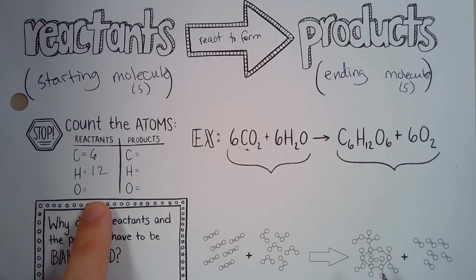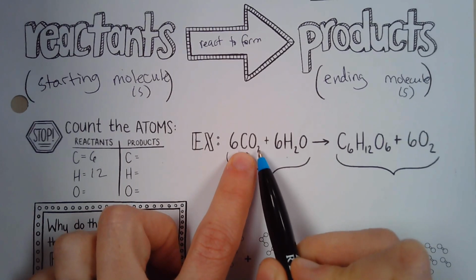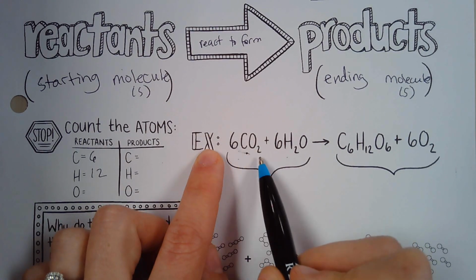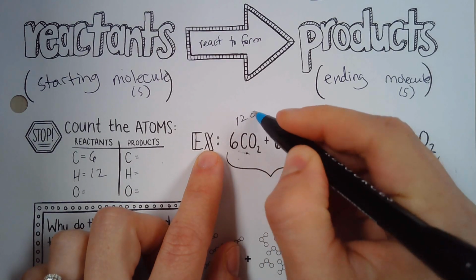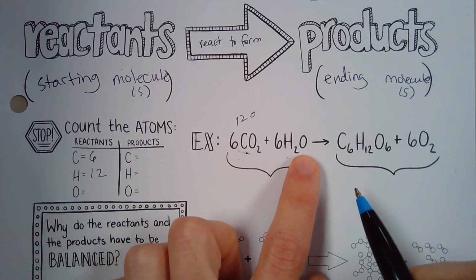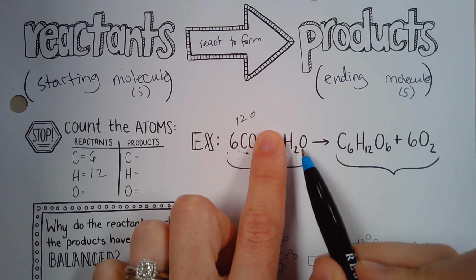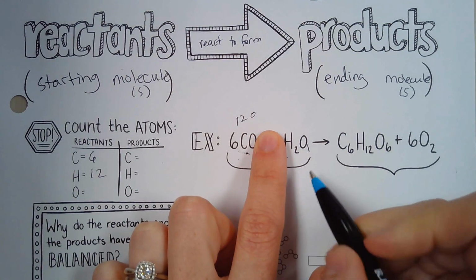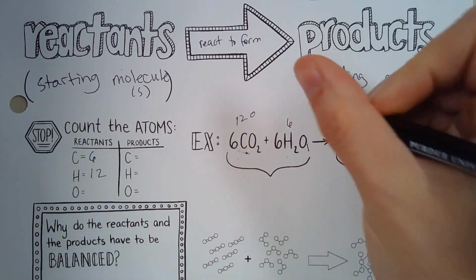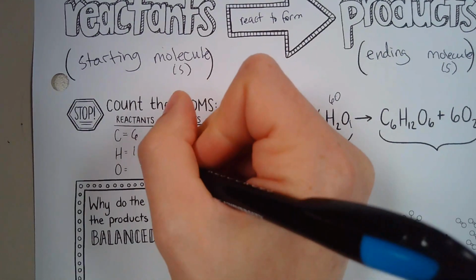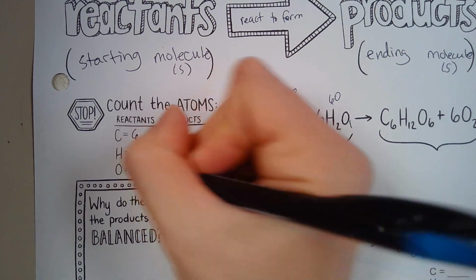Oxygens, in one molecule of carbon dioxide there's 2, and 2 times 6 is 12. But there's also some oxygen in the water molecules: 1 in one water molecule times 6 is 6. When you add 12 and 6, there are 18.